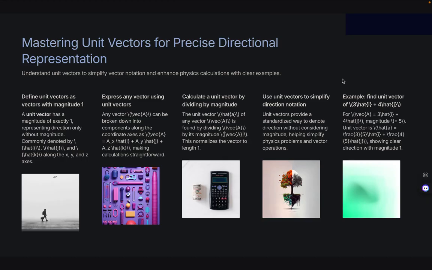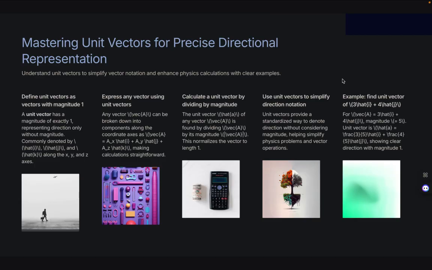So when you're expressing a vector using unit vectors, it can be broken down into components along the coordinate axes. So we spoke about x, y. It can also involve z. And when we break it down in these ways, then it can make the calculations pretty straightforward.